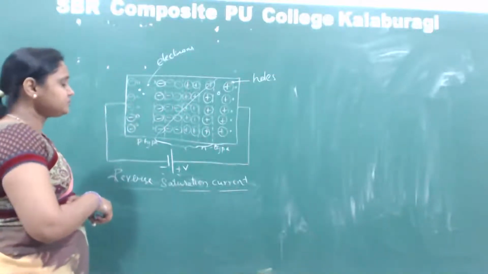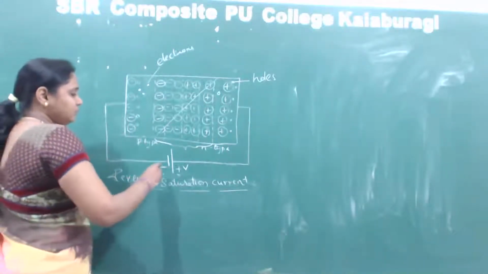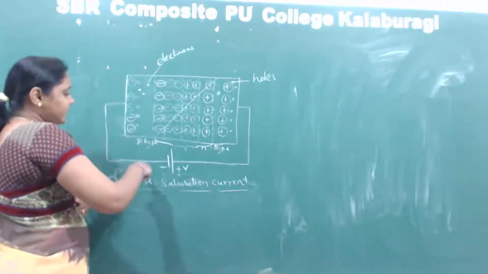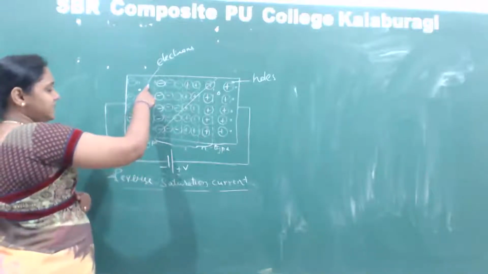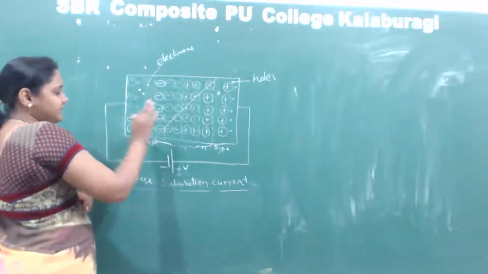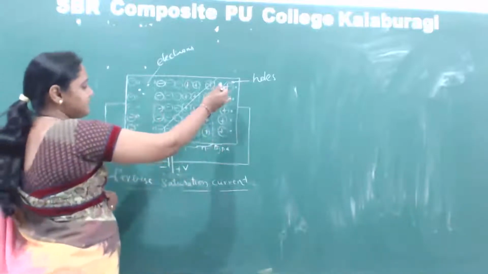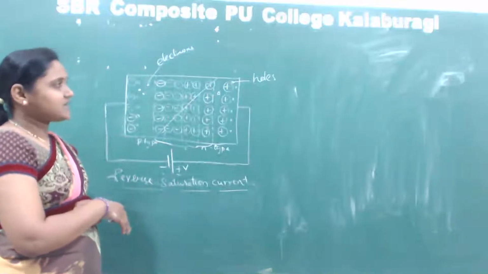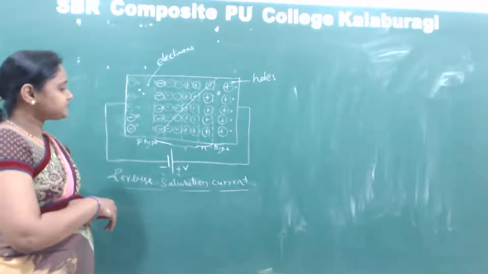So what happens? Even though all the holes are attracted towards the negative terminal, this electron, which is negative, will be repelled by the negative terminal. Likewise, the holes here and there are thermally ejected electrons and holes. The minority charge carriers are basically thermally ejected ones, right?